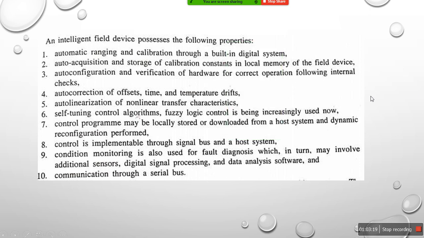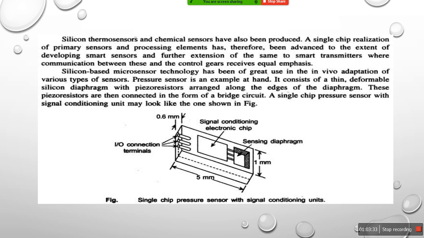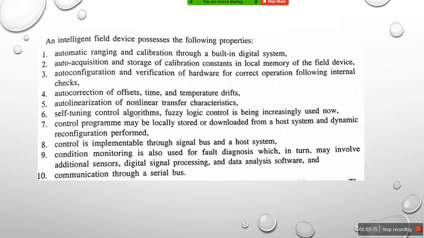Fuzzy logic control is being increasingly used now. So self-tuning control algorithms have to be implemented, or sometimes fuzzy logic controls, so that whenever the characteristics are differing, then automatically it sets itself. And similarly, the control program may be locally stored or downloaded from a host system, and dynamic reconfiguration is performed.